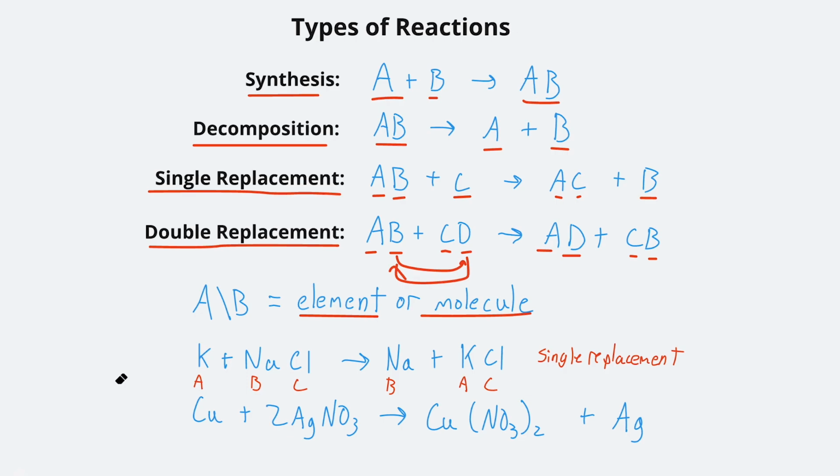The next one, do the same thing. Copper is A, silver is B, and then notice how the NO3 shows up on both sides. So the NO3 as a whole is C, and then just track where those letters would be on the right side. So we have A, C, and B. So we also have a single replacement reaction for the second one as well.